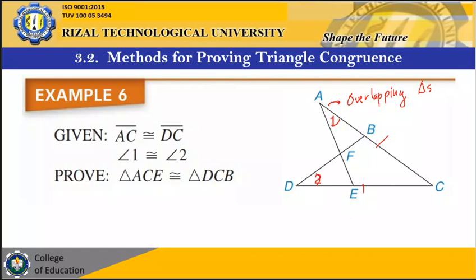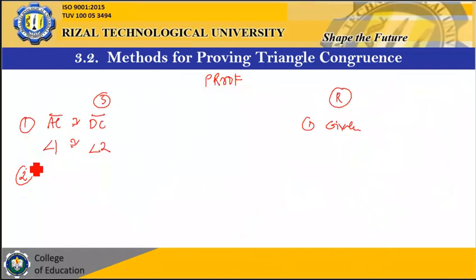So to prove these triangles to be congruent, we need to show that angle C is congruent to itself. Okay? So angle C must be congruent to itself. Angle C is congruent to itself. And the reason to this is because of the reflexive property of congruency. Okay?